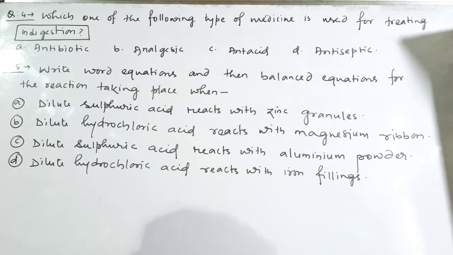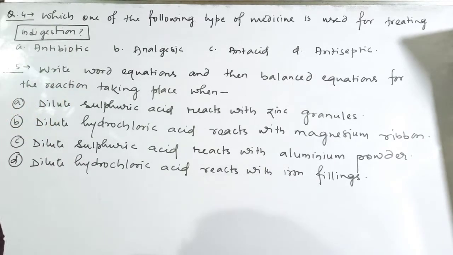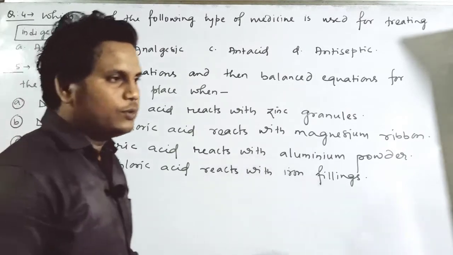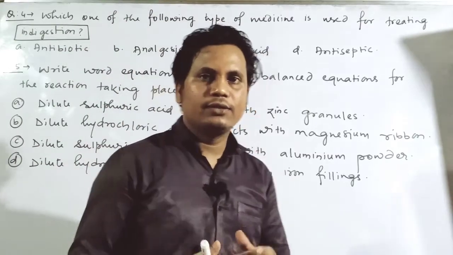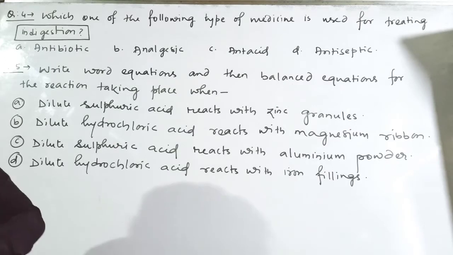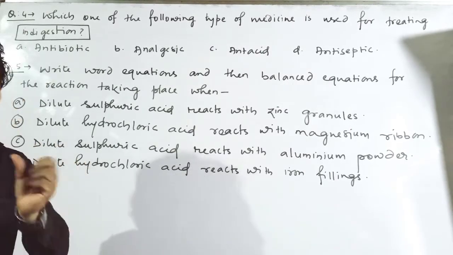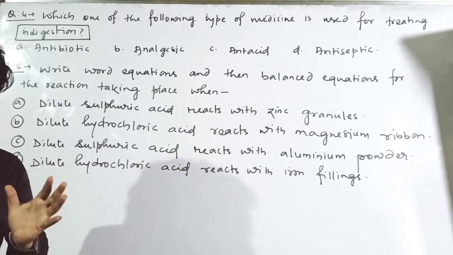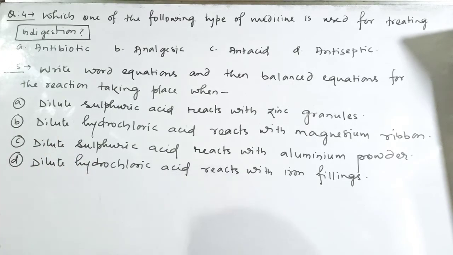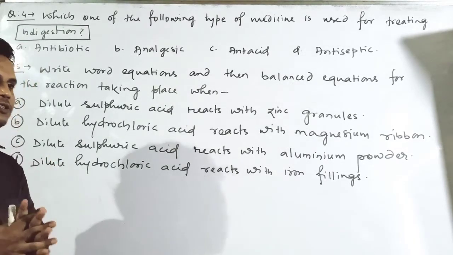When indigestion occurs, suppose we eat a lot of fatty or oily food, then during that time our stomach produces a large amount of hydrochloric acid. This large amount of hydrochloric acid causes irritation and pain. This we have discussed already.